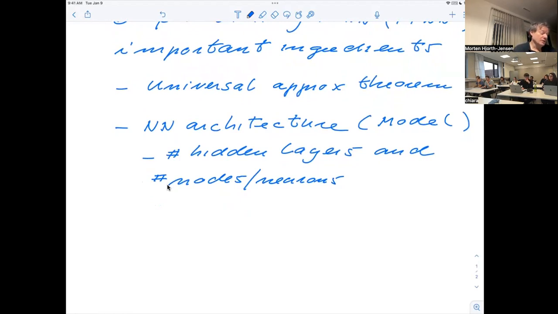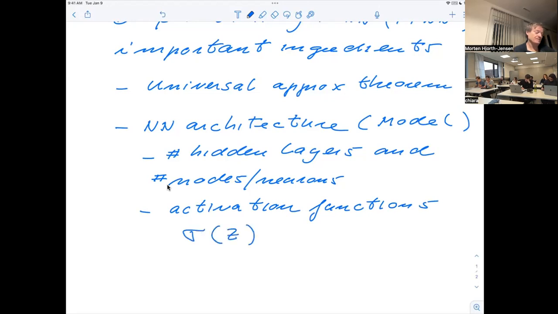This is going to include also things like activation functions, which I'm going to discuss in more detail later. I'm going to generically call these activation functions a function sigma, which takes in a specific argument z. So the activation functions become part of the model.